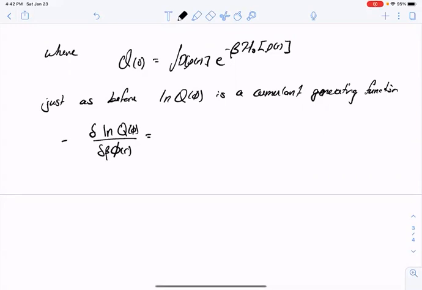If I take the derivative of log of Q with respect to beta, the field at r, I will get rho at r in the presence of the field.